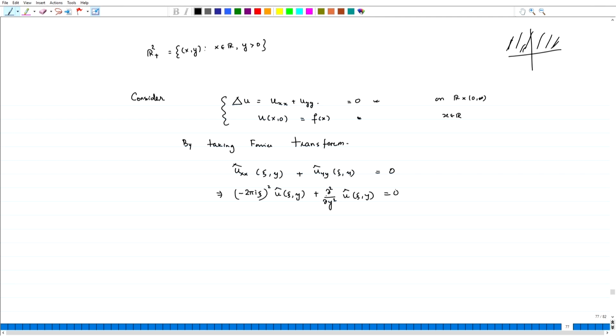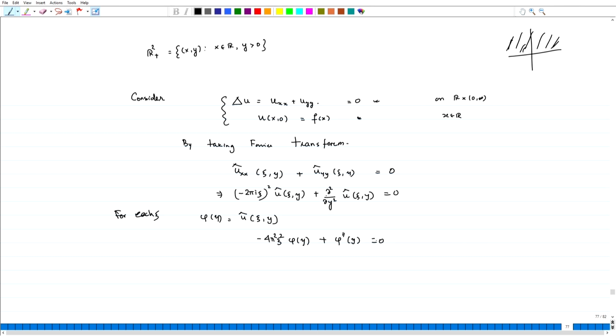Again, by defining phi of y to be u hat (xi, y) for each fixed xi, this will translate to minus 4 pi squared xi squared phi of y plus phi double prime of y, which is equal to 0.